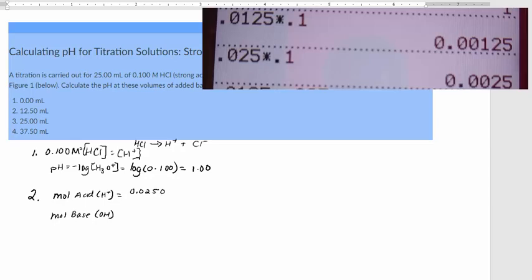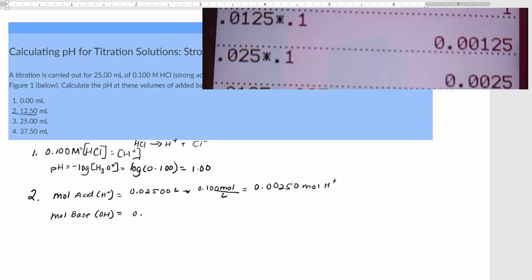We have to convert that into liters so that we can multiply it by the molarity, 0.100. Capital M molarity is moles per liter. That way my liters cancel out and I am left with moles. So here I have 0.00250 moles of acid.